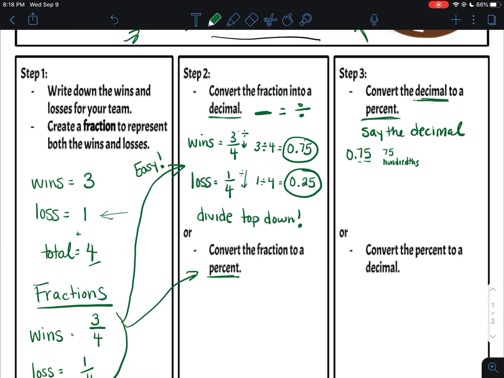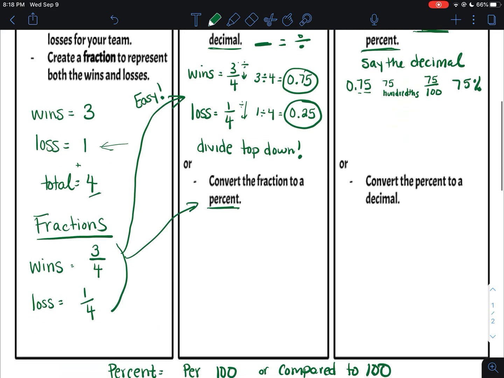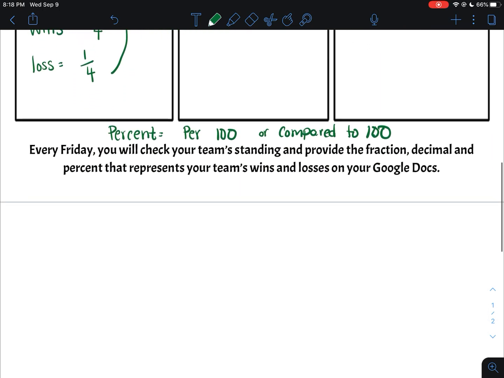How would I write 75 hundredths as a fraction? 75 hundredths. But wait, didn't I just say a number out of 100 is actually the percent? So if you have 75 out of 100, that percent is 75%. Okay, so that means that, I'm going to write this down here.